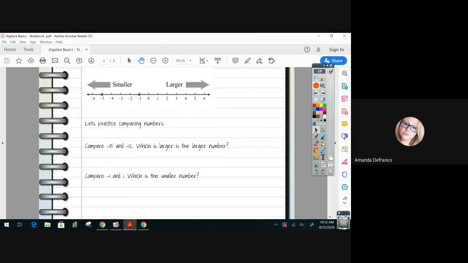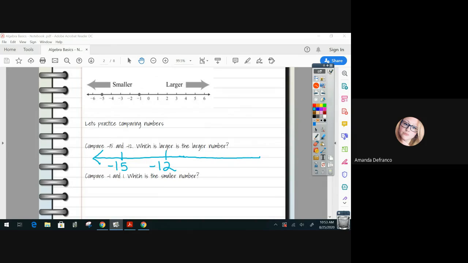Let's practice comparing some numbers, shall we? So, if we're comparing -15 and -12, which one is the larger number? Well, on a number line, -15 would be here, and -12 would be here.